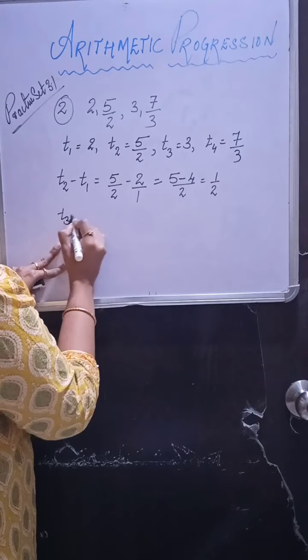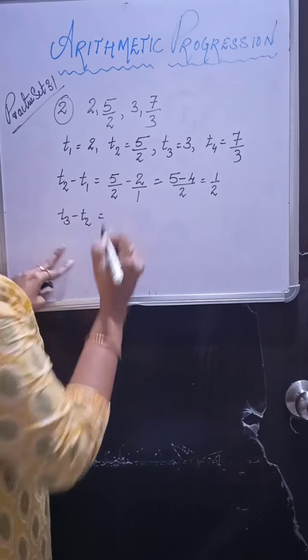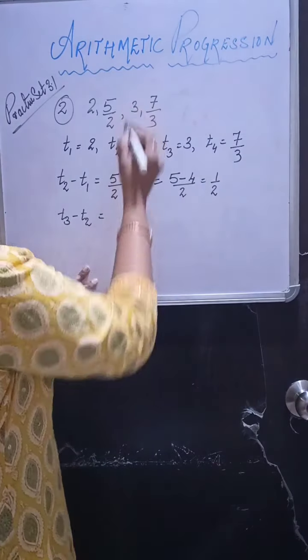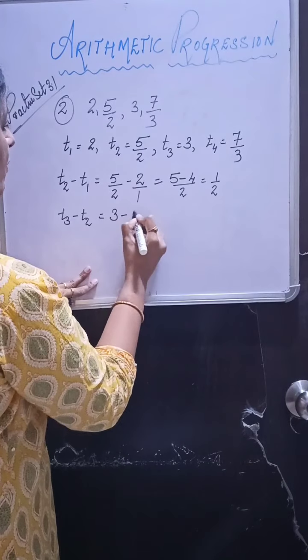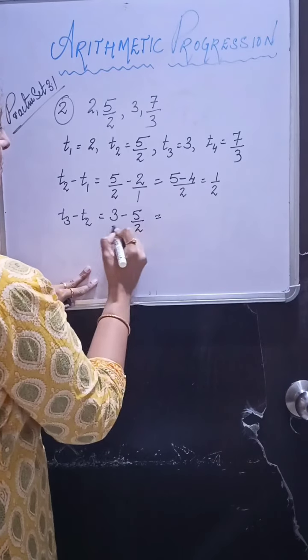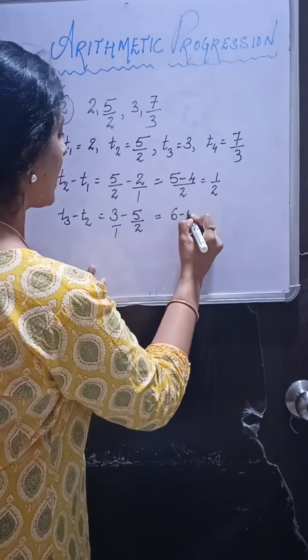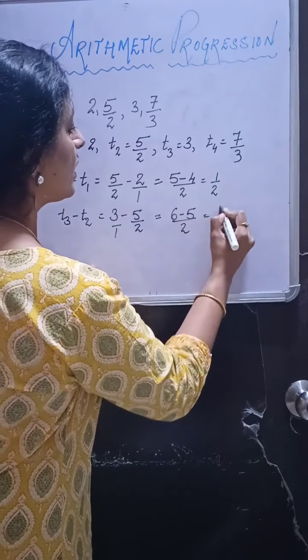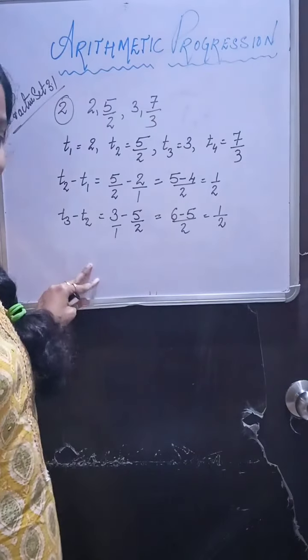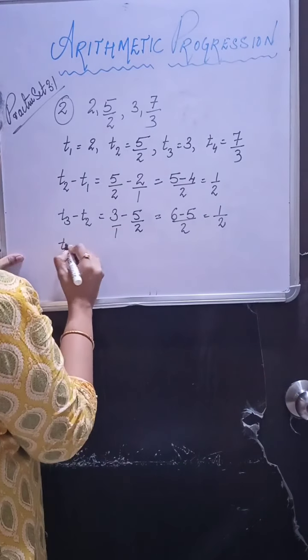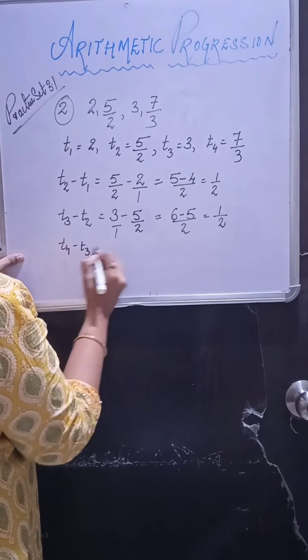Now T3 minus T2 will be 3 minus 5 upon 2. In the same way, the denominators are different, so I will cross multiply: 6 minus 5 upon 2, yes, 1 upon 2. Next, T4 minus T3.